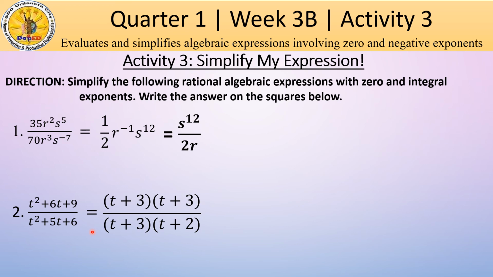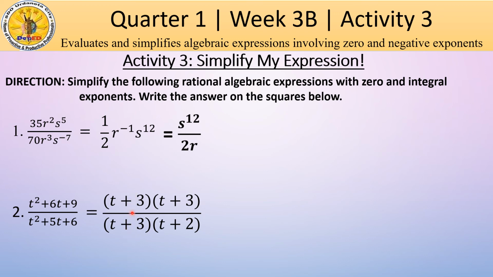Okay, so we have t plus 3 and then t plus 3. In our denominator, our factors are t plus 3 and then t plus 2. You will notice here that there are similar binomials in the numerator and denominator.